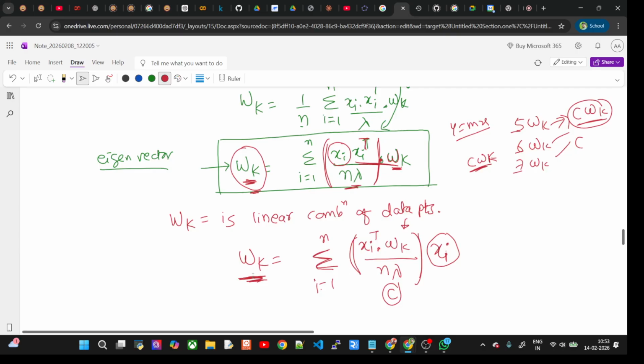So to get the eigenvectors, I am actually doing a summation of scaling of these data points, or a linear combination of the data points. I am just doing the summation of these points to get the wk. For example, consider this as i equal to 1 to n, some constant value into xi.